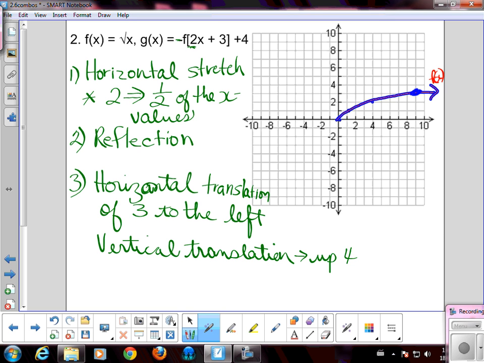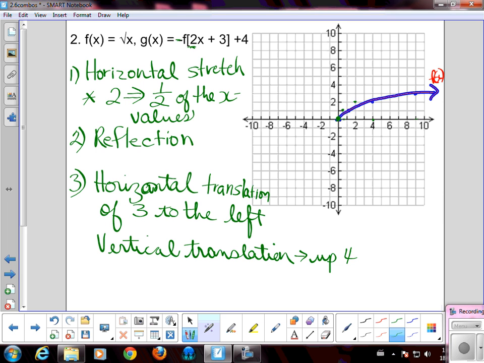So it's going to take everything by half. So now we'll do this one in green. It doesn't affect this point. This point stays the same. But now if I go over 1/2, I would be up 1. If I go over, instead of 4, if I go over 2, I'm up 2. So I'm taking all these x values at these important places and cutting them in half and getting the same y value.